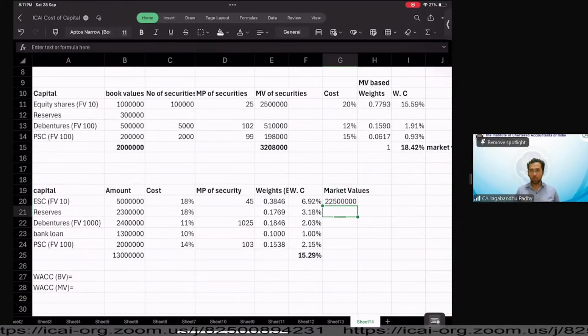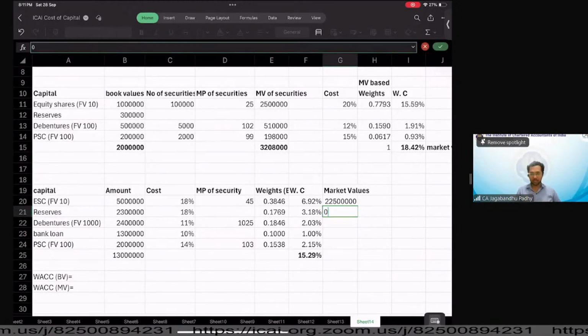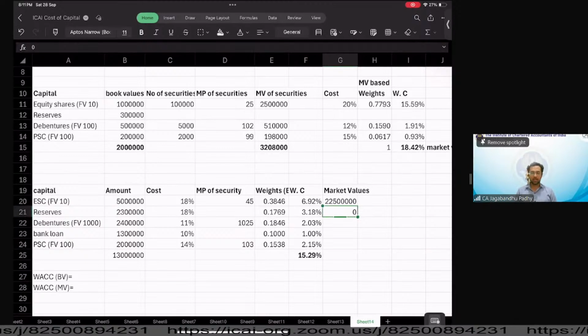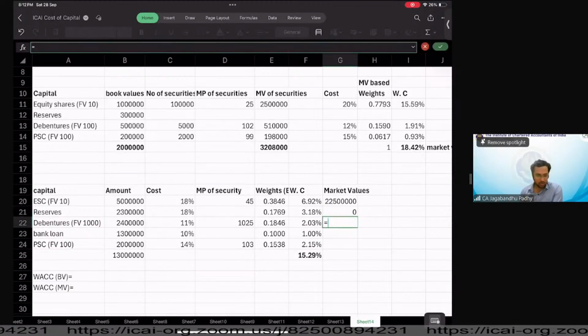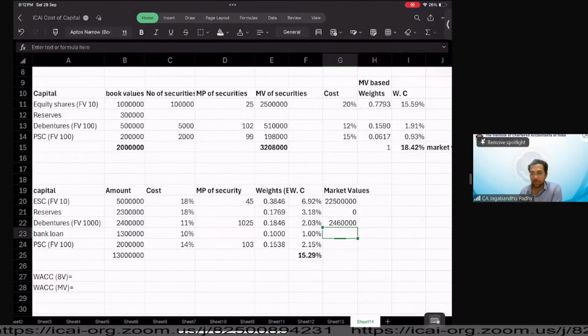Okay. What about the market value of reserves, guys? Market value of reserves will not be considered, it's 0, because that reserve is already clubbed with the market value of equity shares. Then, with regard to debentures, it's going to be 24 lakh divided by 1000 multiplied by 1025.